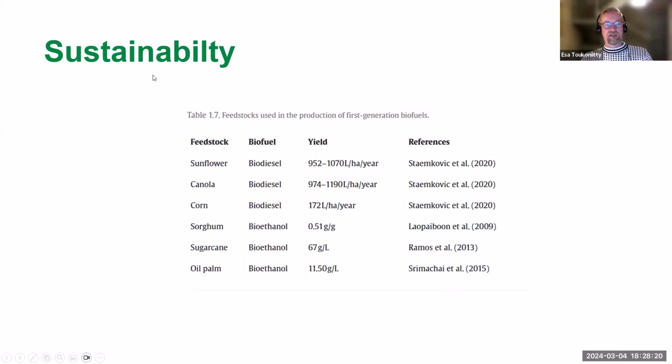The availability is also part of this sustainability thinking, and this table here reminds us that, when talking about these biofuels, this is just an example. There are more of these numbers in the course book, but there is always a certain yield, like per hectare, or what you can get out of that particular plant or biomass source.